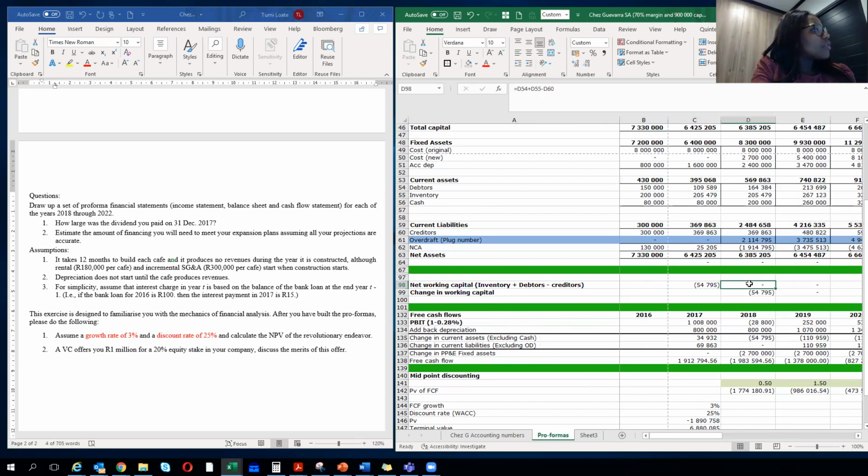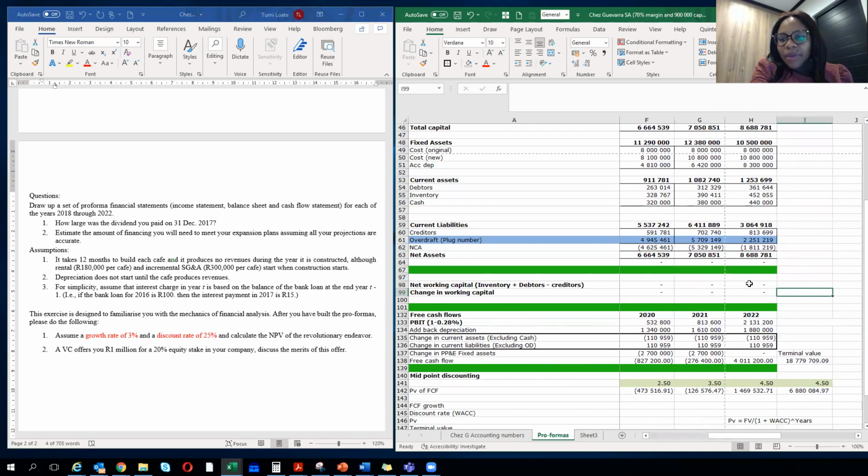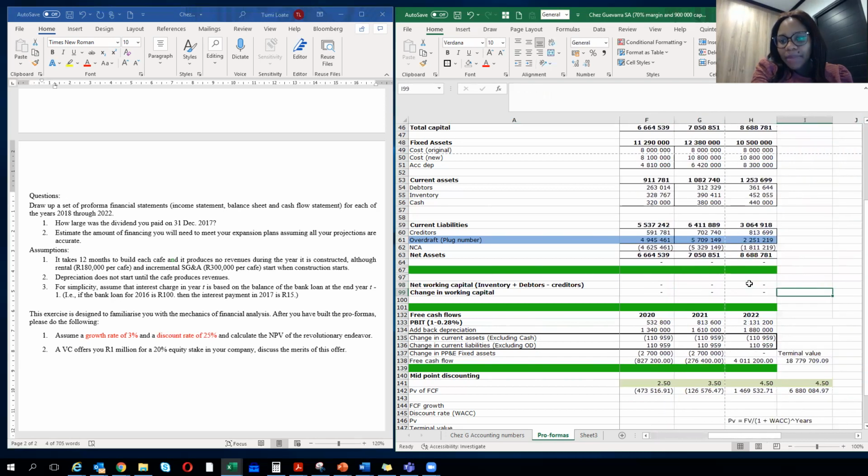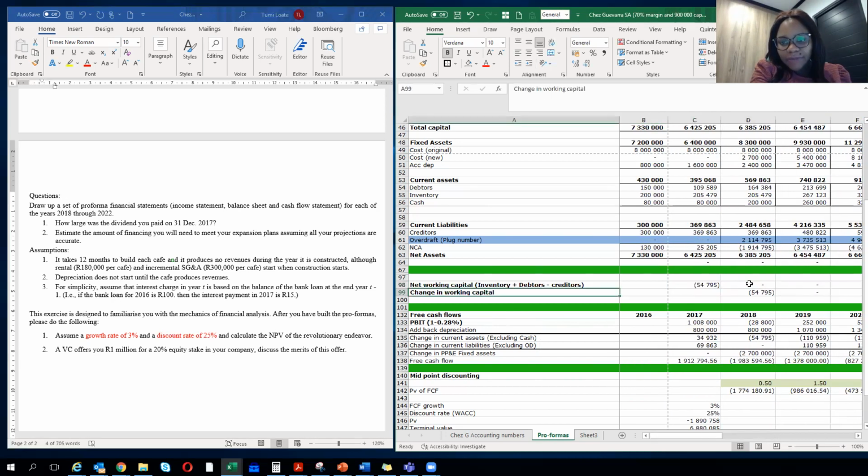And if we were to look at the change in capital going from 54795 to 0, you've actually had in that year a 54795 impact. And in all other years, because it's moving from 0 to 0, you actually have no working capital that you need to take into account.